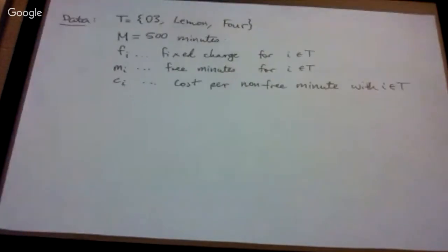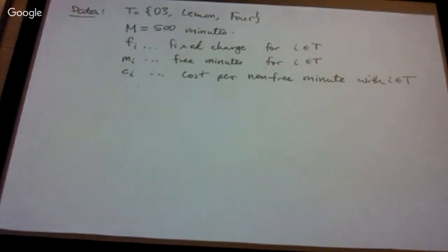That's how it goes. And then what do I need? Decision variables.